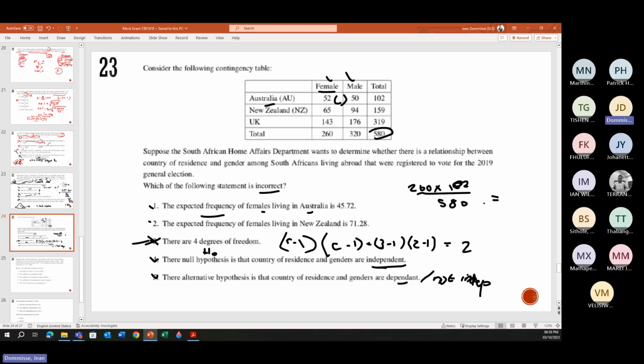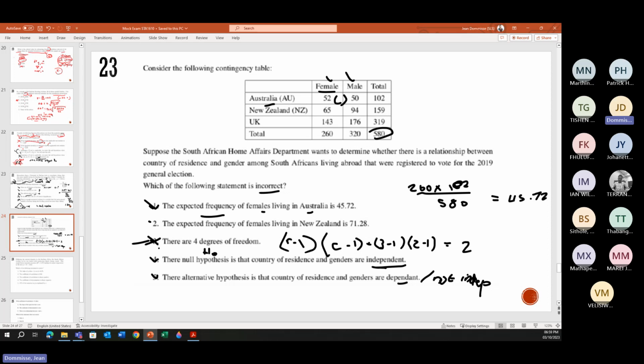Hopefully that gives us the 45, else we've got a bigger problem. So 260 times 102 divided by 580 gives us 45.72. So that is also correct.